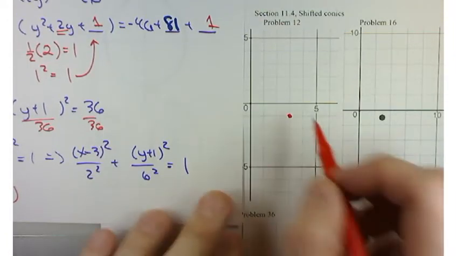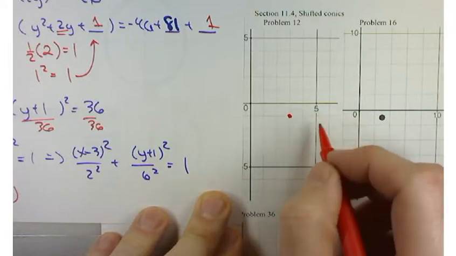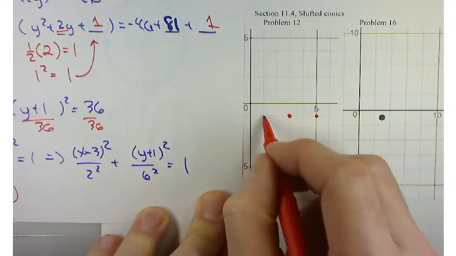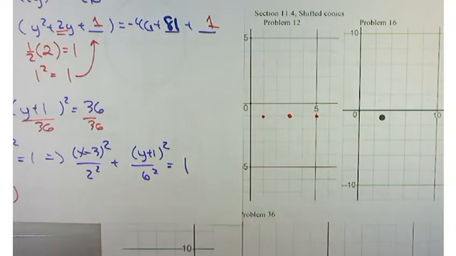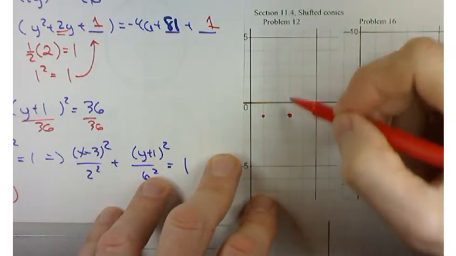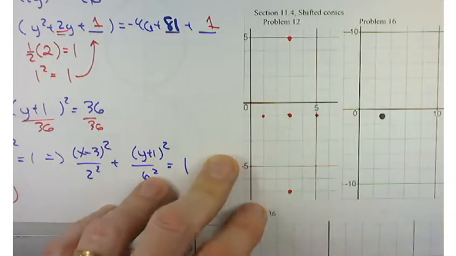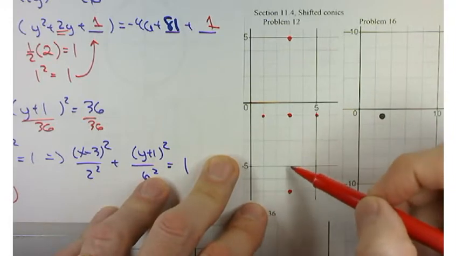So it's going to be to the right 2 and to the left 2. How about in the y direction? How far do I have to move? 6. Did you get one? Okay. So up 6 would be here, and down 6 would be down here. Yep.